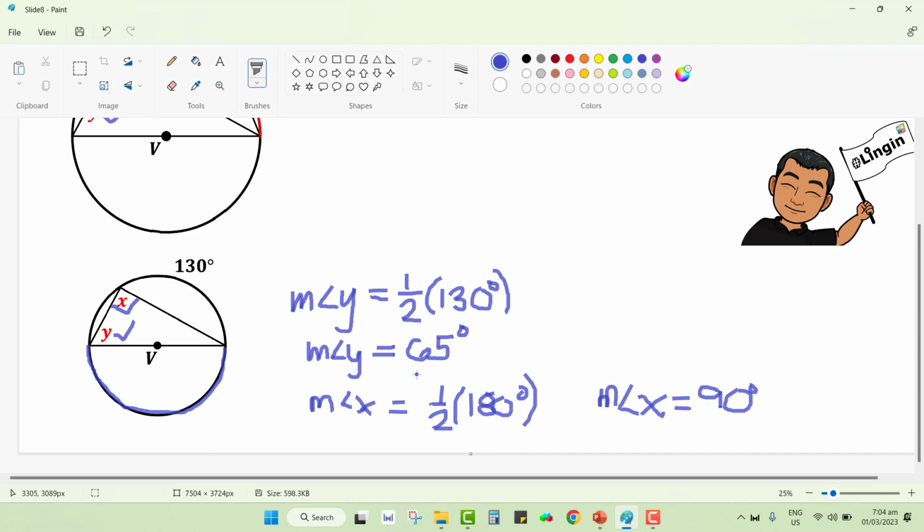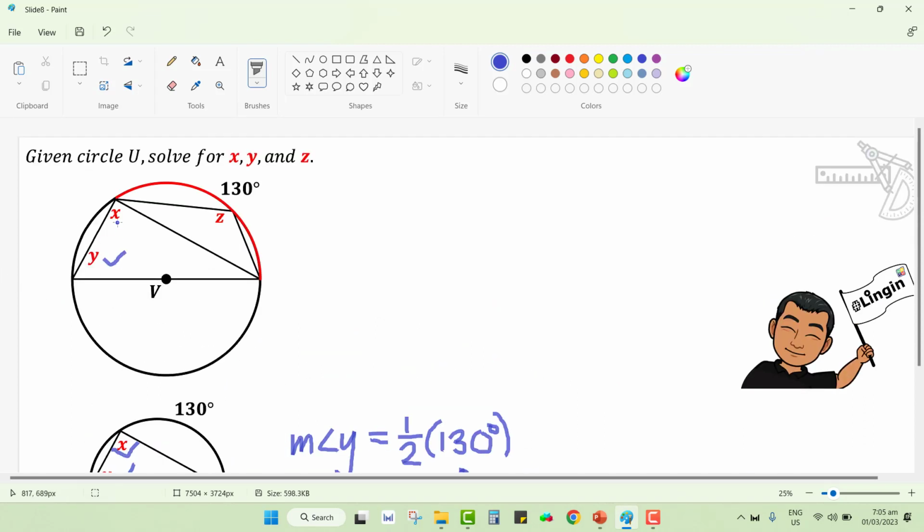Now that we are done with this, we could go back to our given problem, since these two are already solved, to solve the measurement of inscribed angle z. There are two ways to attack this problem, one of which is considering the arcs. Since this is a semicircle, that would mean the other side is also a semicircle, which measures 180 degrees.